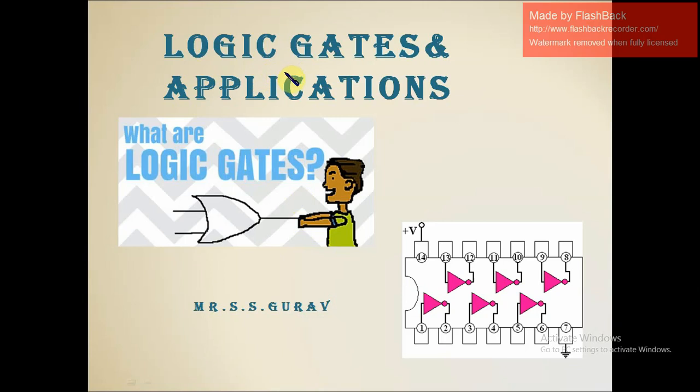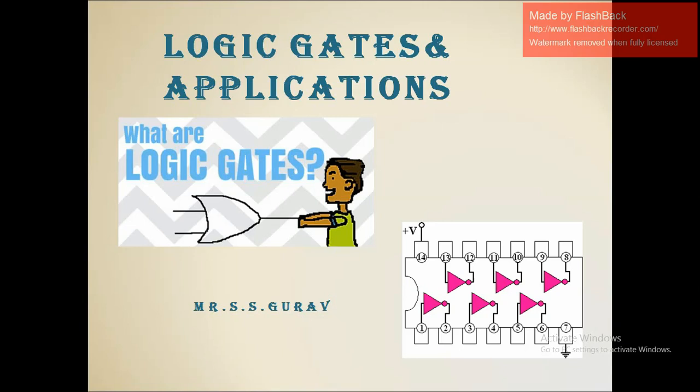Logic gates are the fundamental building blocks of digital systems. The name logic gate is derived from the ability of such a device to make a decision, in the sense that it produces one output level when some combinations of input levels are present.